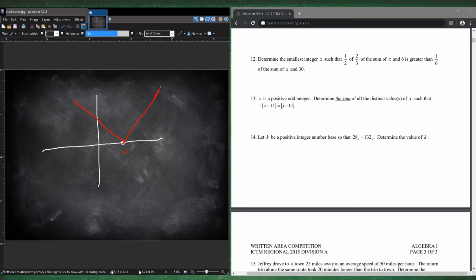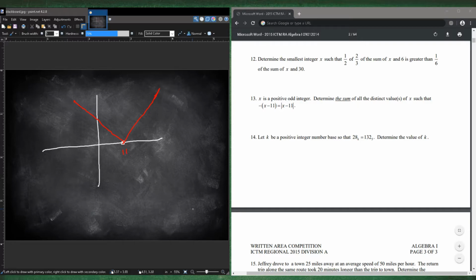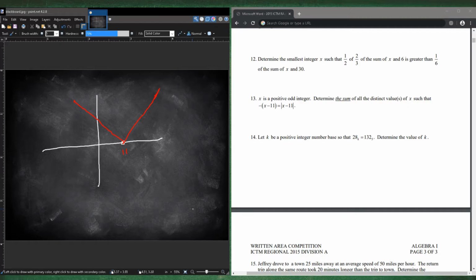And then when you have the negative of x minus 11, the graph that overlaps is this side right here, because the negative version of x minus 11, if you distribute that out, is negative x plus 11.